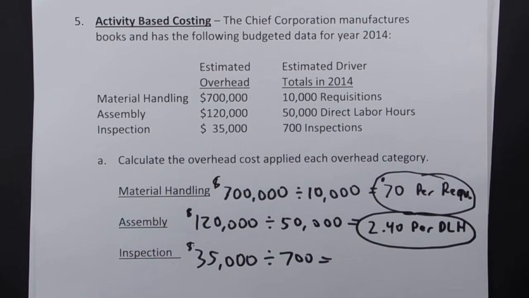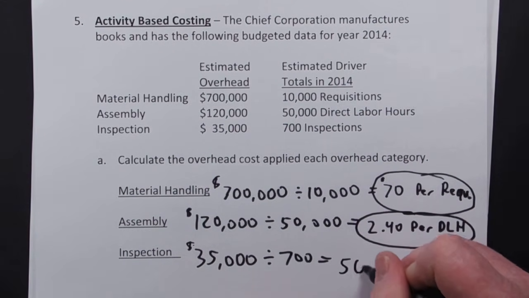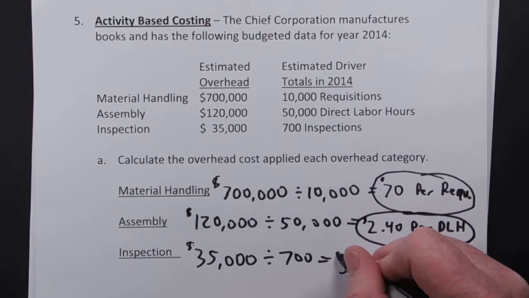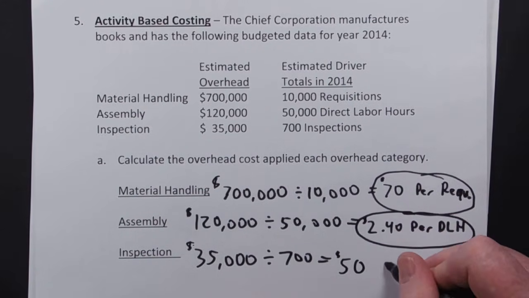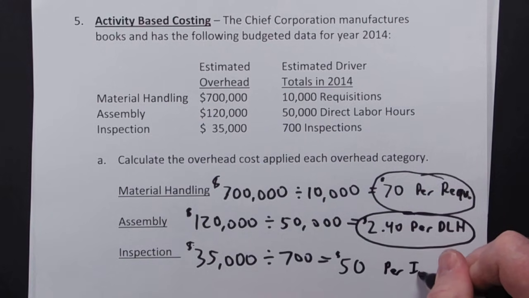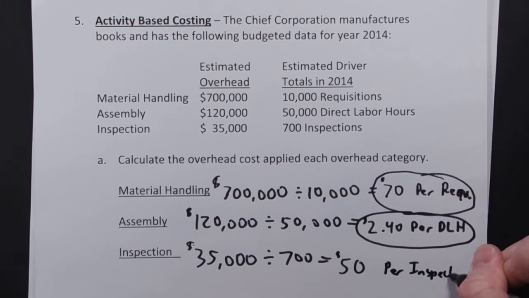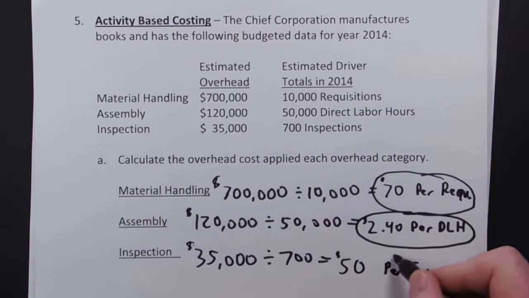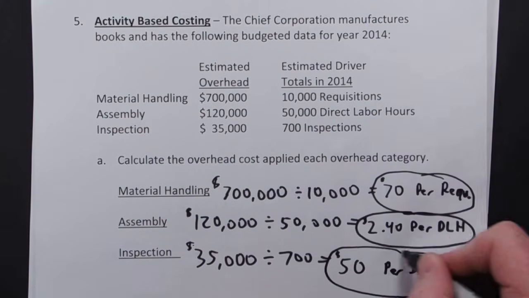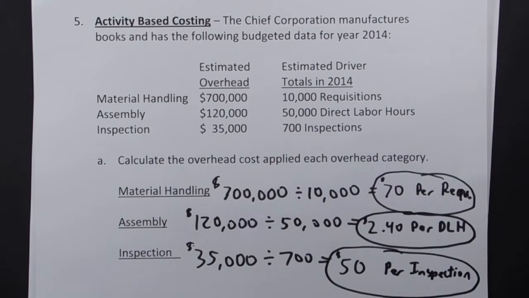So we're going to have $50 per inspection. So what we're saying is every inspection is going to cost us around $50. That's what's driving the cost of the inspections.